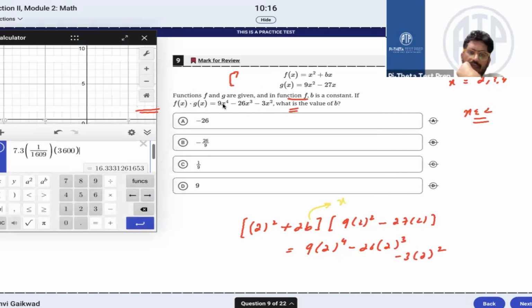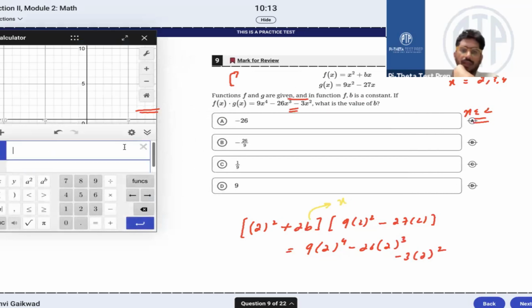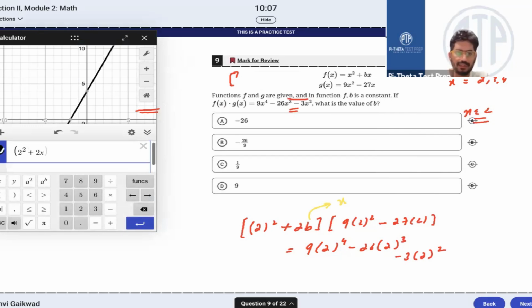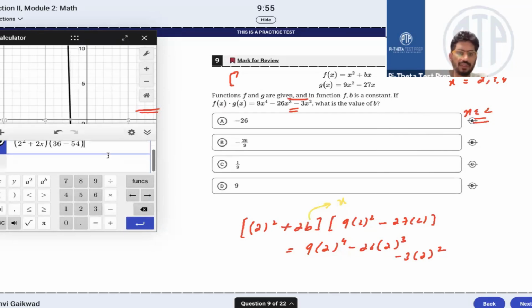Going to the calculator here, I'm putting in a bracket that is 2 square plus 2x. Yes, and I'm putting 9 into 2 square, that is 36, 36 minus 27 into 2, that is 54. This was your first step.